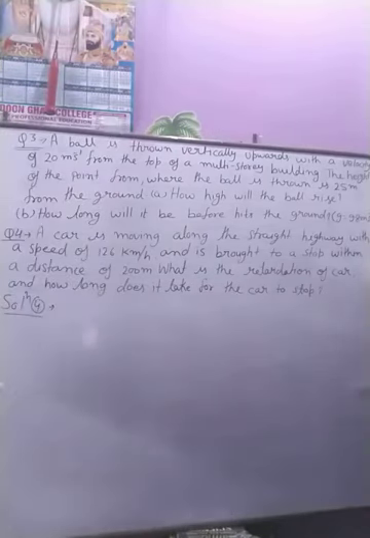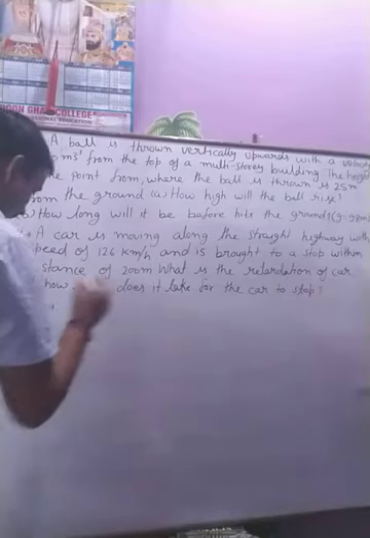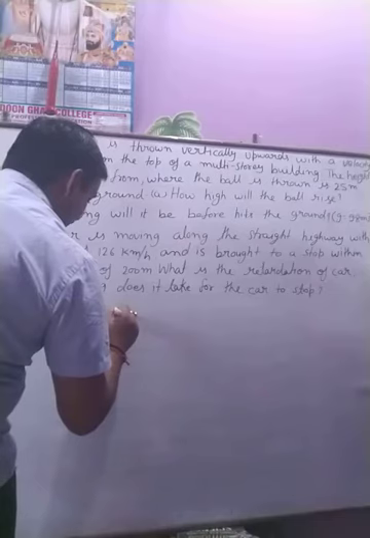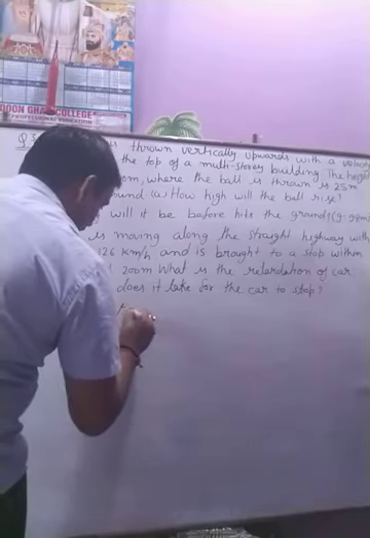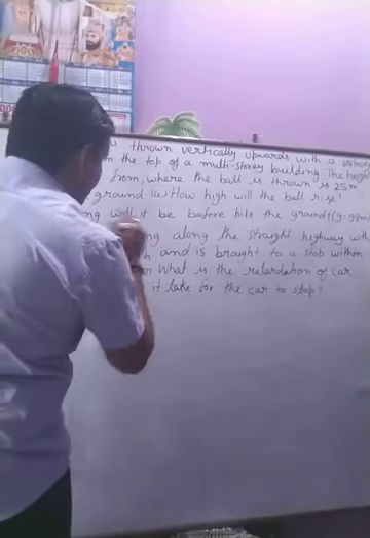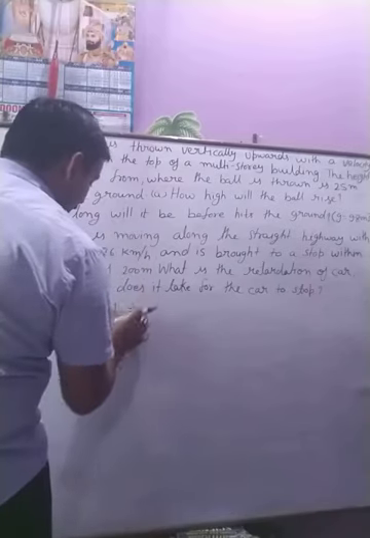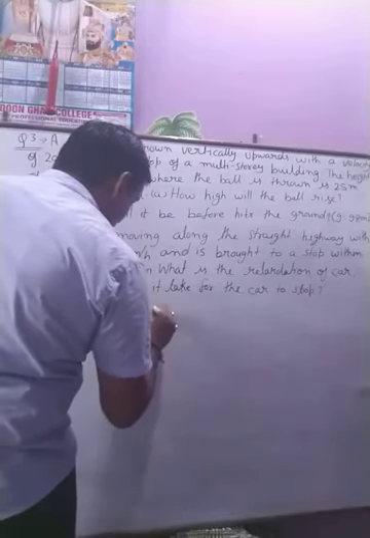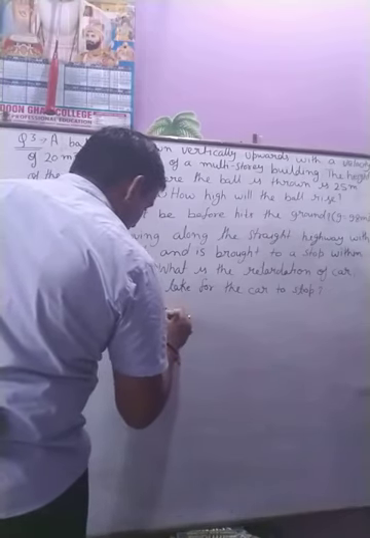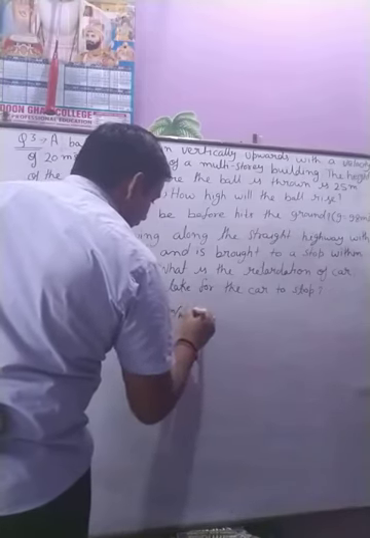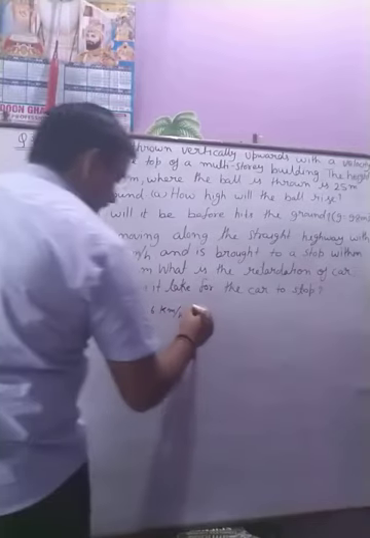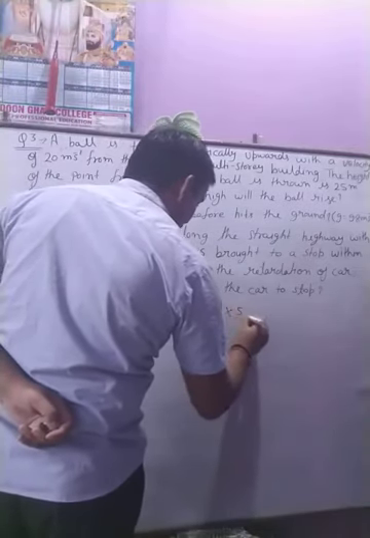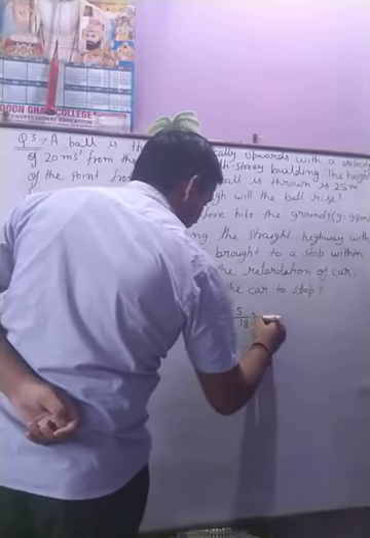Okay. So, given that initial speed of car is u equal to 126 kilometer per hour. Convert it into meter per second. 126 into 5 by 18 meter per second.